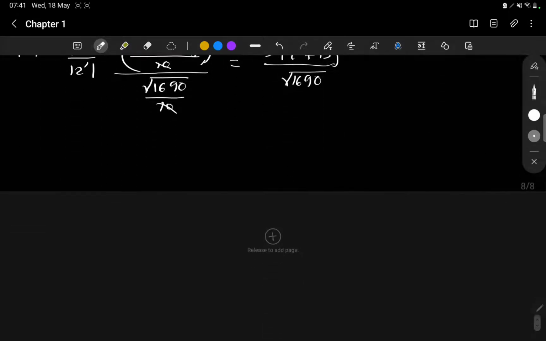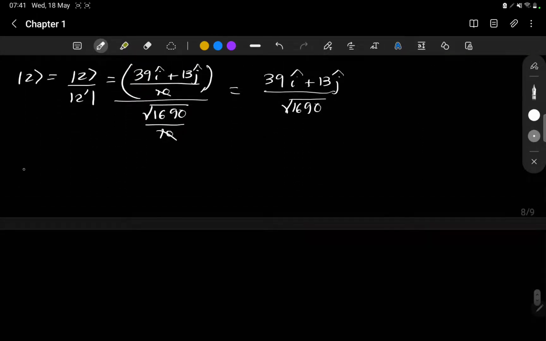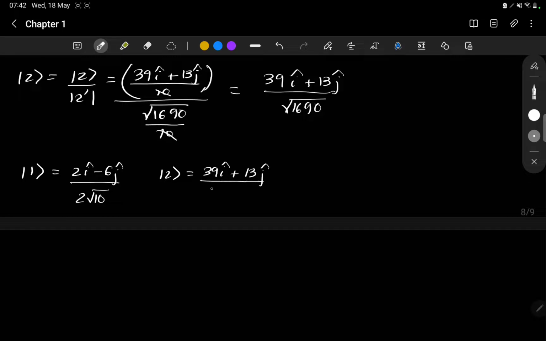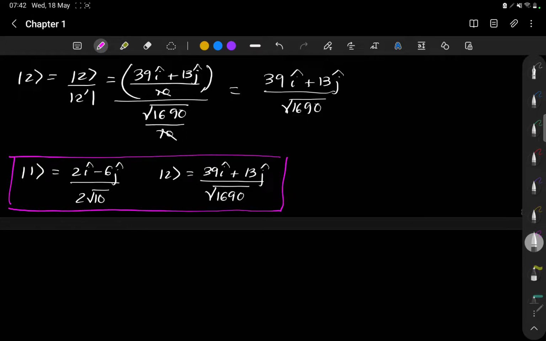So our second set of orthonormal basis vectors are 1 equal to, and this is the second set of orthonormal basis vectors that we have obtained.